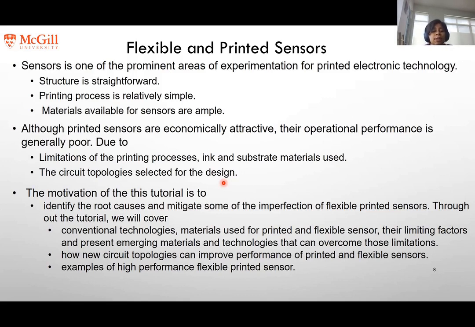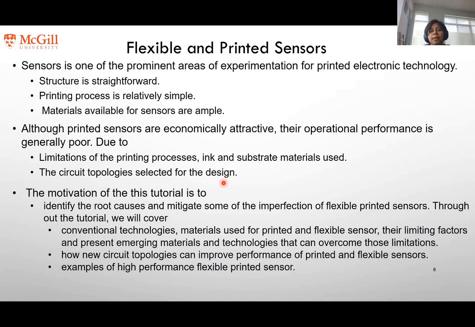Throughout the tutorial, we will cover conventional technologies and materials that are used for printed flexible sensors, and the limiting factors of using those conventional methods.